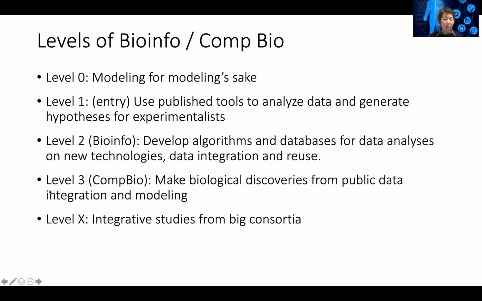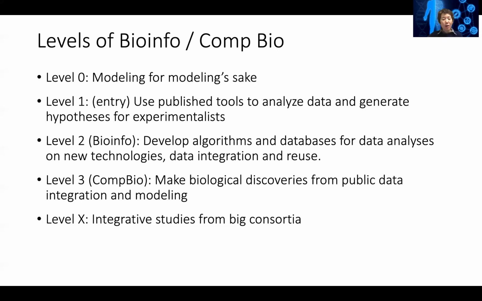And so that leads to level 3 of bioinformatics or computational biology, which is you can either use public data or some of your private data, and also, computational approach wise, either you use your own algorithm, or you can use a public algorithm, but in a very unique or smart angle to actually make discoveries.